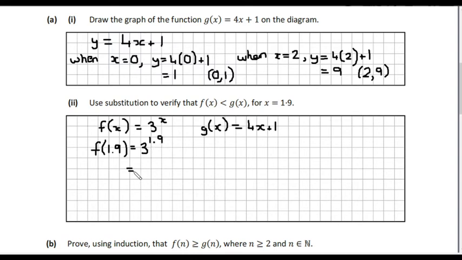3 to the power of 1.9 on the calculator will give us, to 2 decimal places, 8.06. Alright, and then let's sub 1.9 into the other function, so let's get g of 1.9.